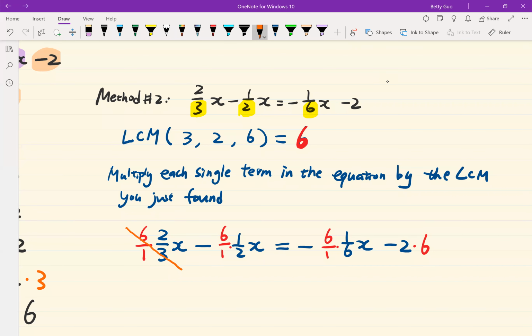So 3 becomes 1, 6 becomes 2. Do you see that? Diagonally the denominator is gone. The denominator becomes 1 right away. Left top is 2, 6 becomes 2. Do you see we still have a 2 in blue on the right top?